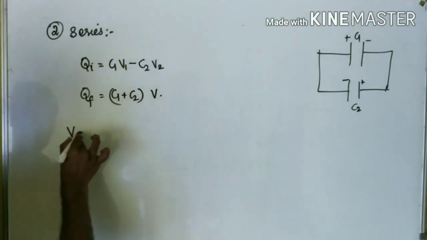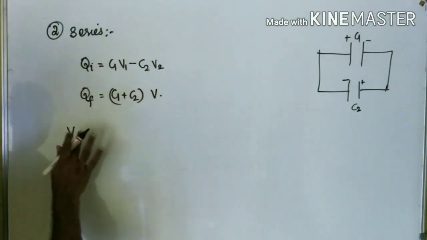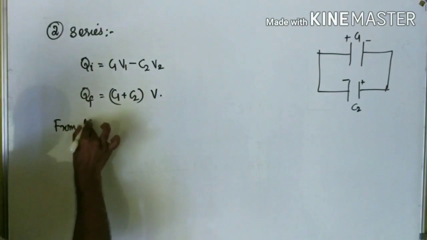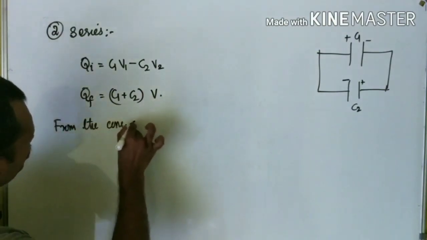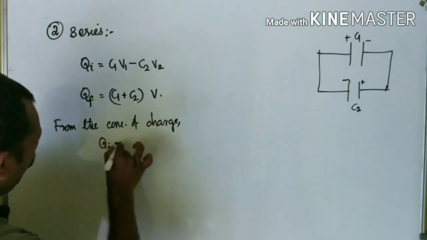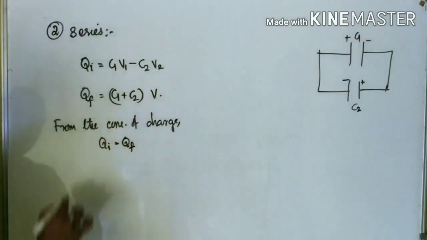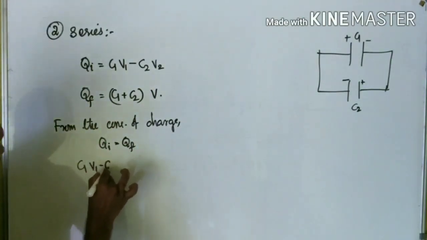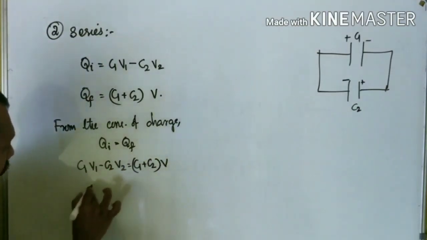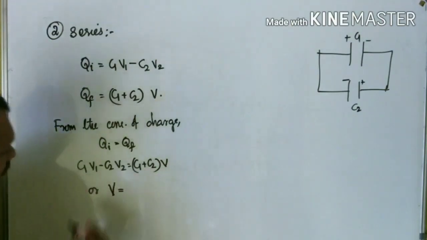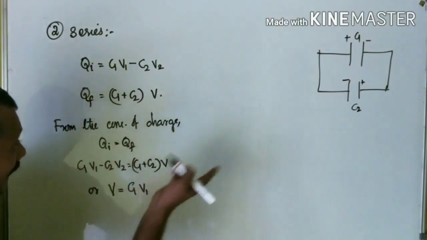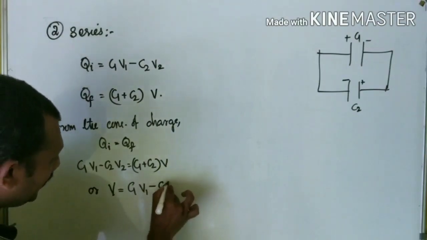Equating these two, from the conservation of charge, Qi is equal to Qf, which implies C1 V1 minus C2 V2 is equal to C1 plus C2 into V. Or the common potential in this case is going to be C1 V1 minus C2 V2 divided by C1 plus C2. In the last case we got plus; now V2 should be replaced with minus V2, and then you arrive at this answer.